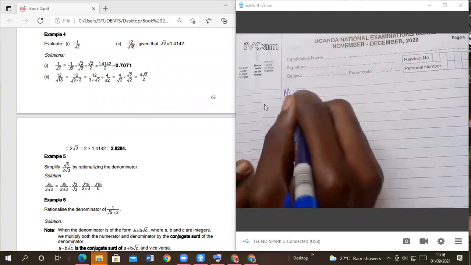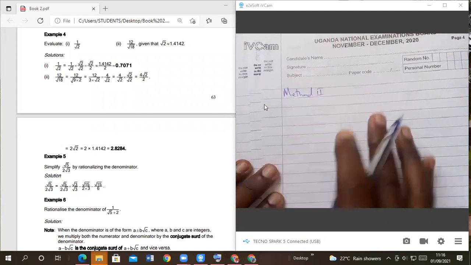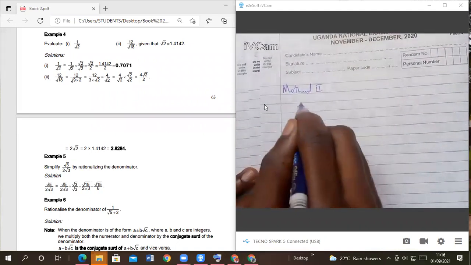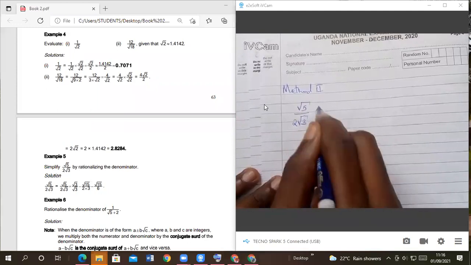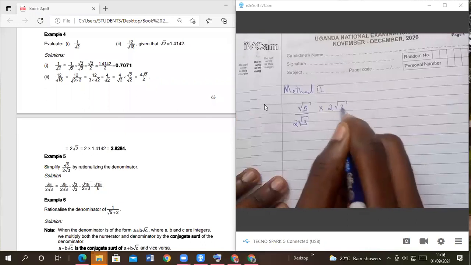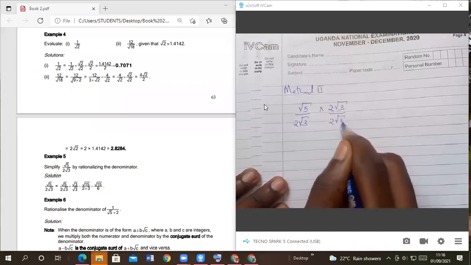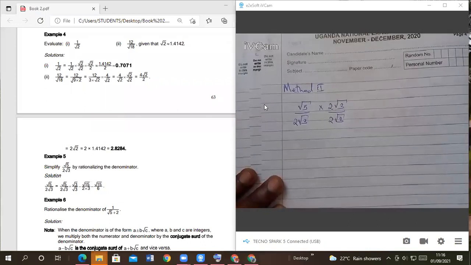Let's also look at method 2. We can say root of 5 over 2 root of 3, and you take it like that, so you have not changed the meaning.